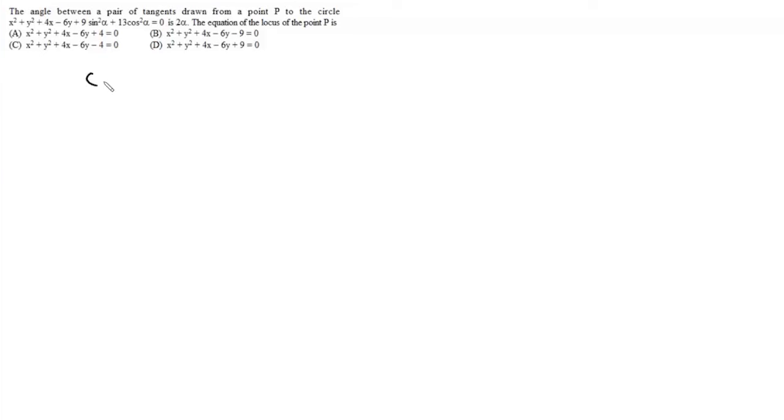Now the center of this circle is at (-2, 3) and its radius is the square root of 4 plus 9 minus 9 sin square alpha minus 13 cos square alpha.